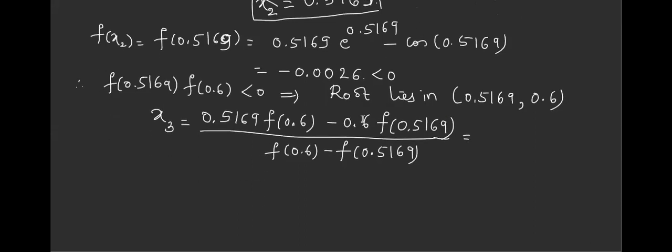Can anybody tell me how the answer should be? More than which value? 0.5169. And less than? 0.6. The answer will be approximately known to you. You should get it by calculation.